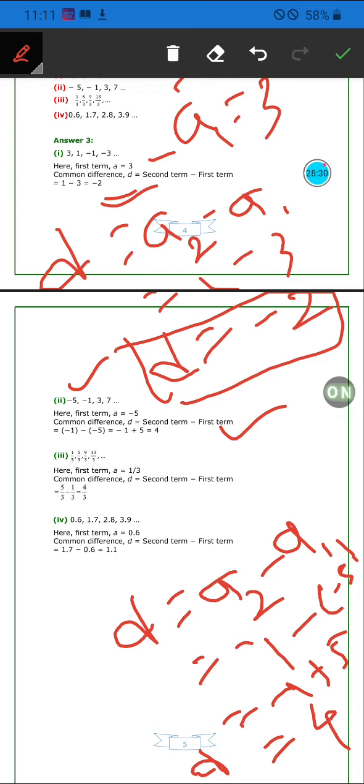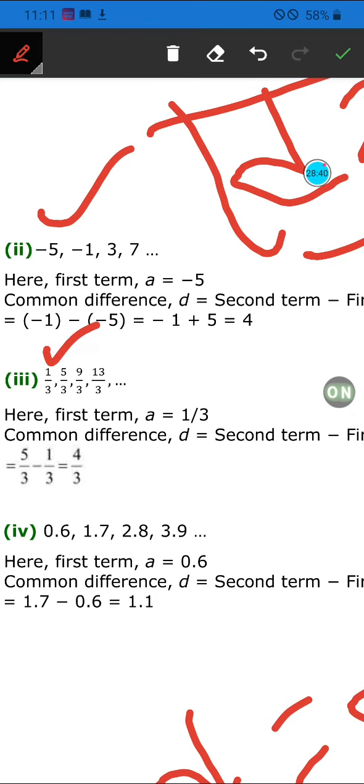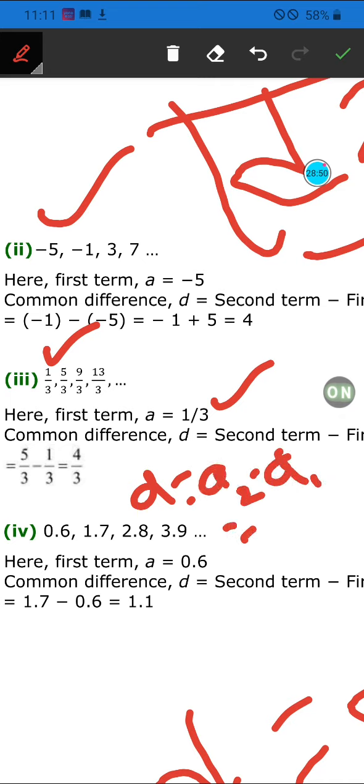In the third question, 1 by 3, 5 by 3, 9 by 3, 13 by 3. So simply we can say the first term is 1 by 3. So A value is 1 by 3. Again the D formula: A2 minus A1. What is A2 here? 5 by 3. 5 by 3 minus A1, 1 by 3.